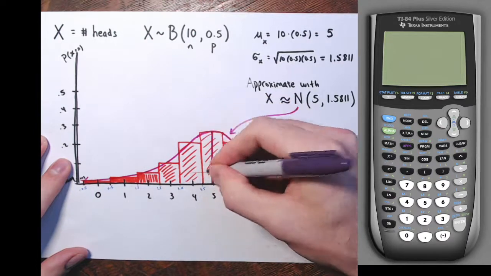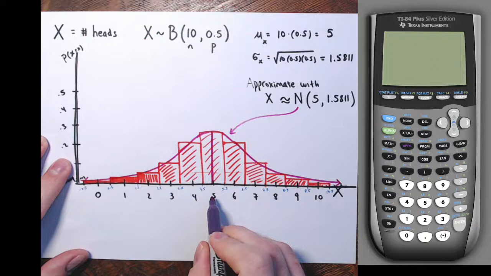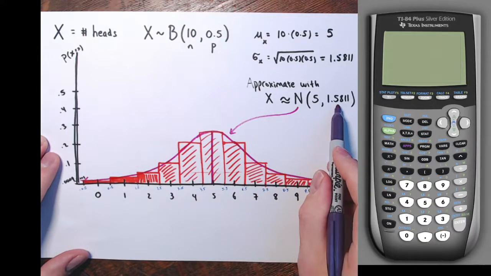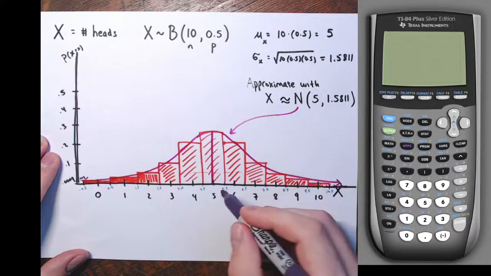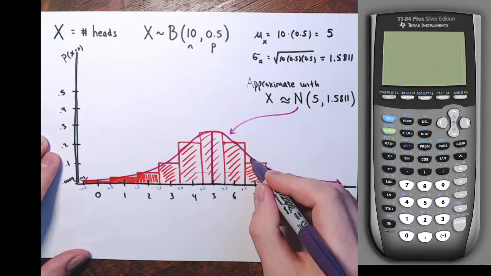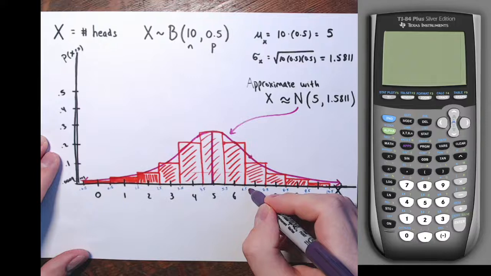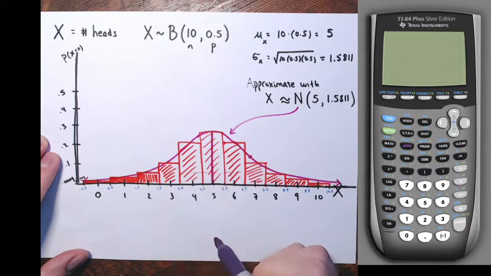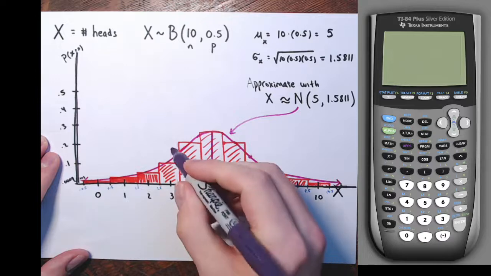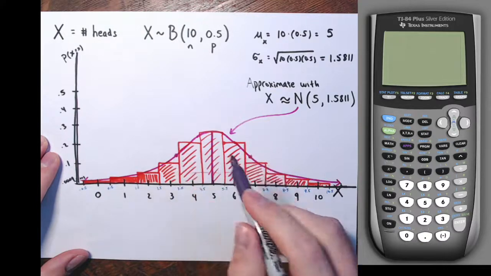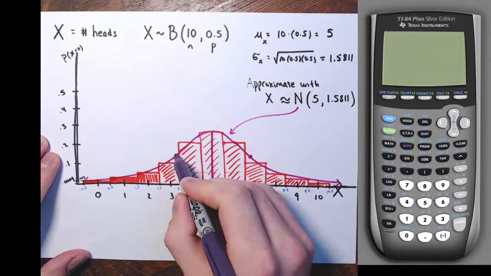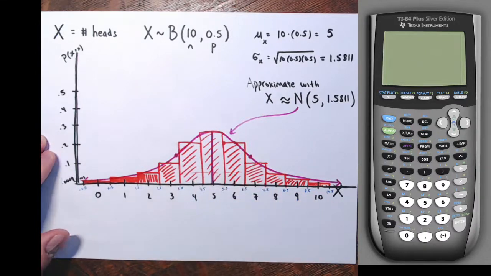It has a peak right over 5 here, and a standard deviation of almost 1.6. So this inflection point should be at 6.6, and the inflection point over here should be at 3.4. So one inflection point should be above 6.6, the other above 3.4.